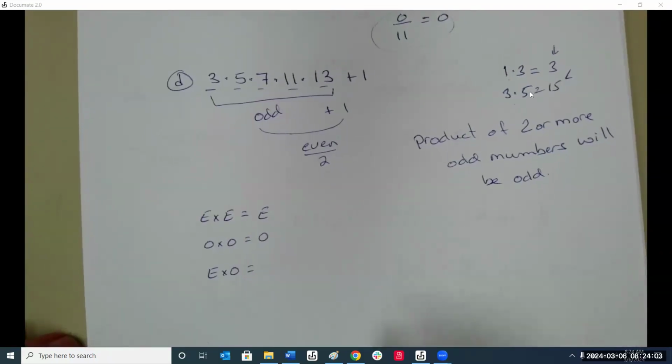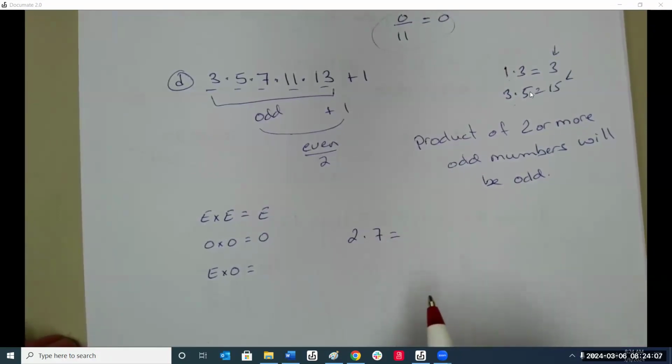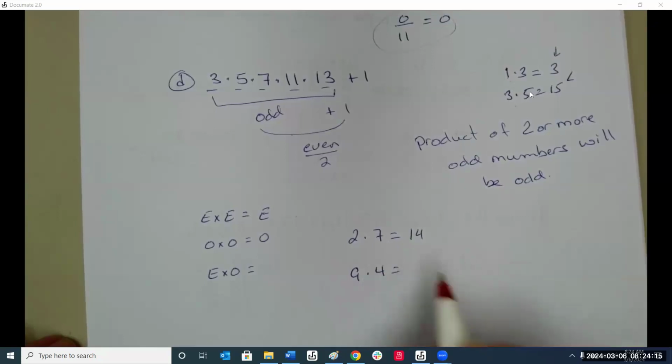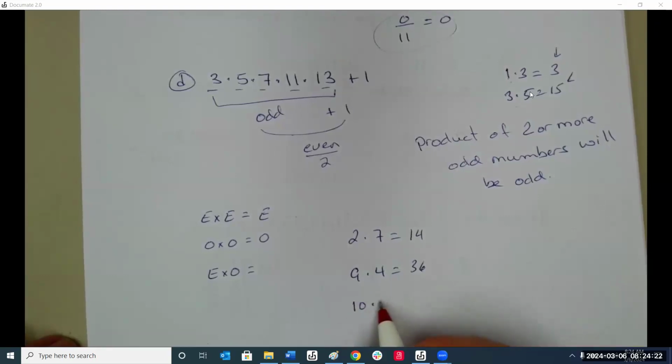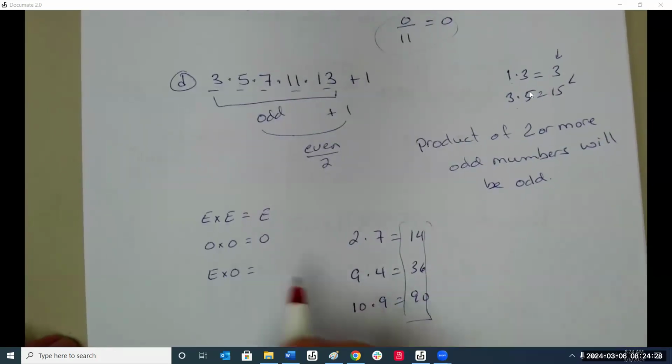Well, let's see. 2 times 7. Odd or even? 9 times 4. 36. 10 times 9. All these numbers are what? Even.